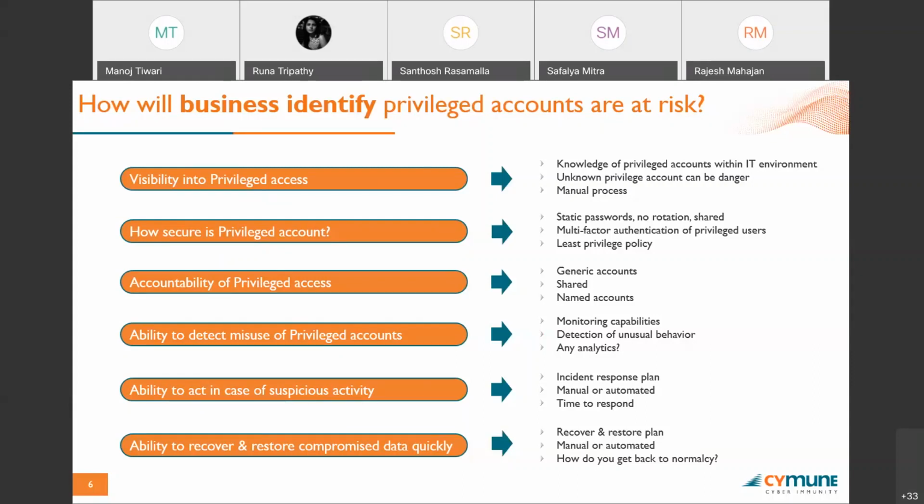You no longer have the control of your system. And in such scenarios, how do you get back the control of your systems? And how do you recover the data? So these are some of the assessment questions which you can check within your system, and then you can really identify whether your privileged accounts are at risk.